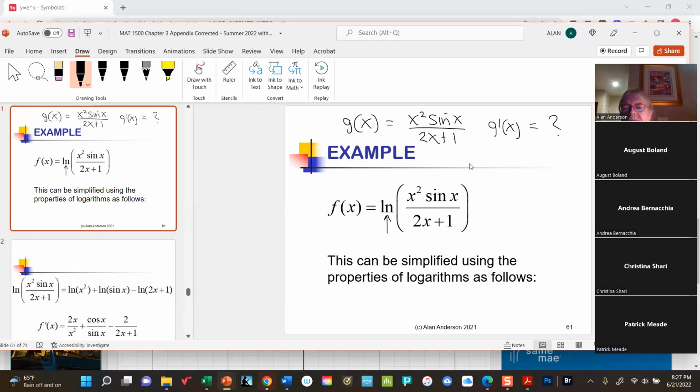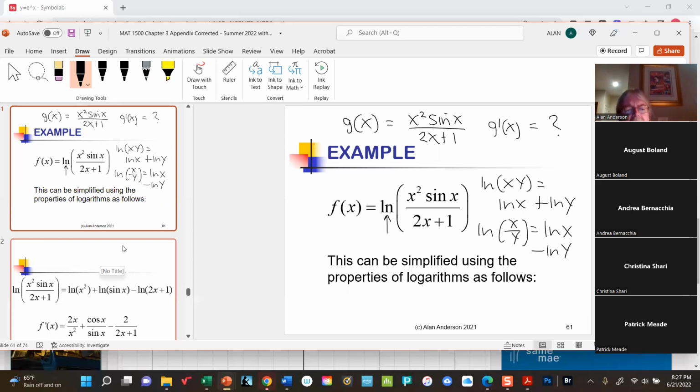Okay, and you might recall that the log of x times y equals log x plus log y, and the log of x over y equals the log of x minus the log of y. So why don't we try that? Let's see what happens.